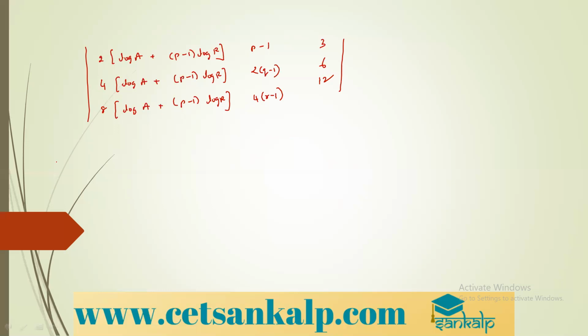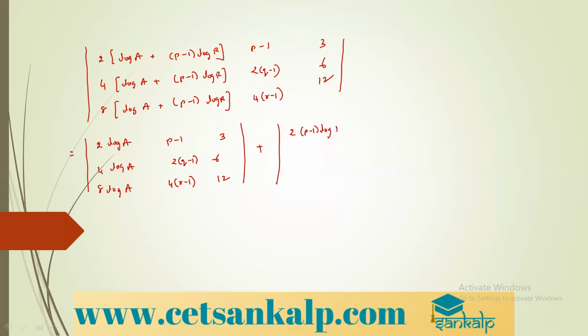Now, I can separate this determinant into two determinants. First determinant, I will take 2 log A, P minus 1, 3; 4 log A, 2 into Q minus 1, 6; and 8 log A, 4 into R minus 1, 12. Plus, the second determinant will be 2 into P minus 1 log R, P minus 1, 3.